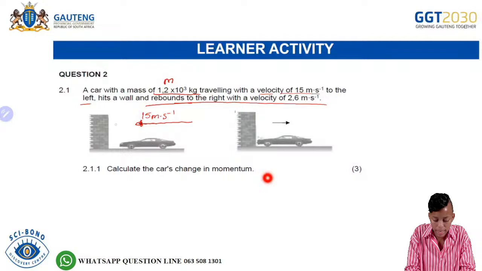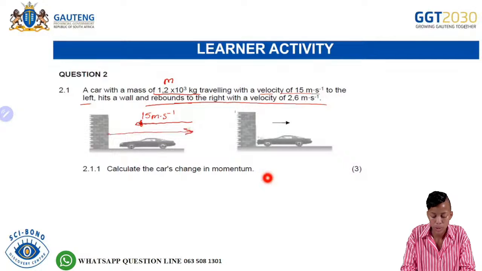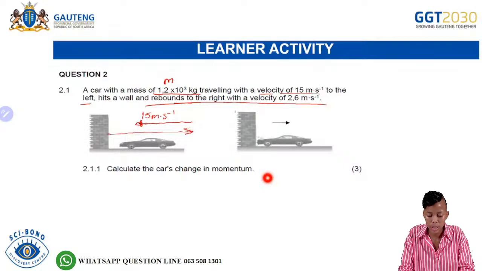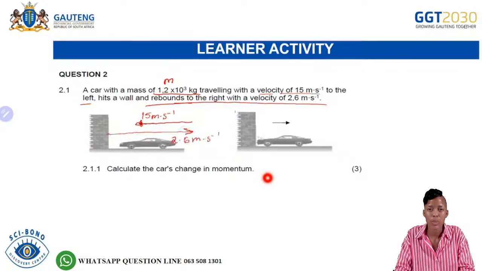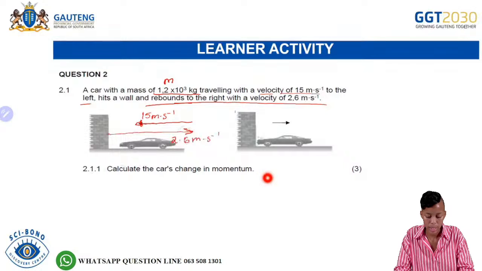So after the learner hits the wall, rebounds. So rebounds in which direction now? To the right with a velocity of 2,6 meters per second.